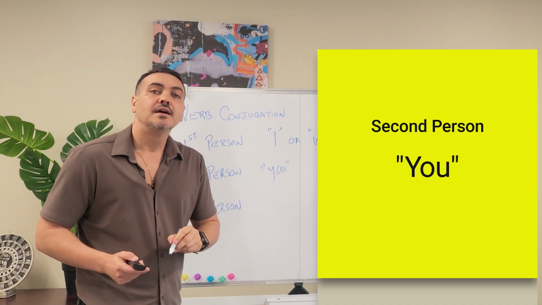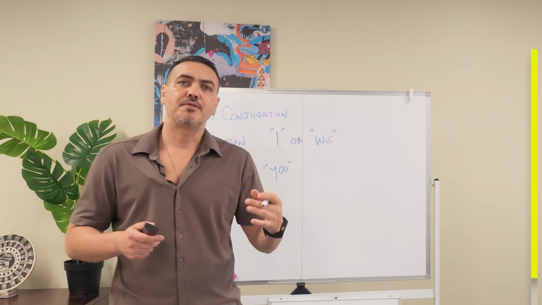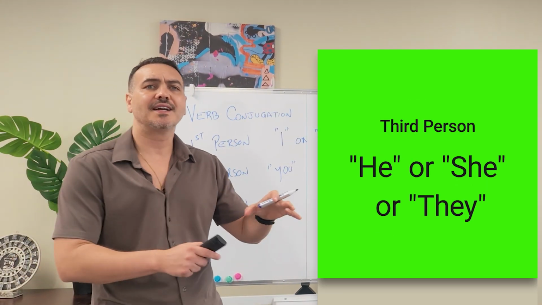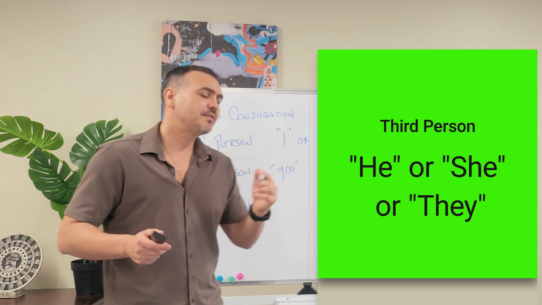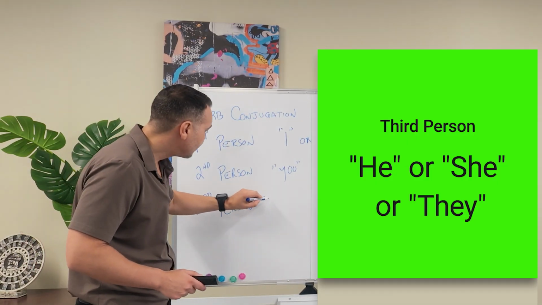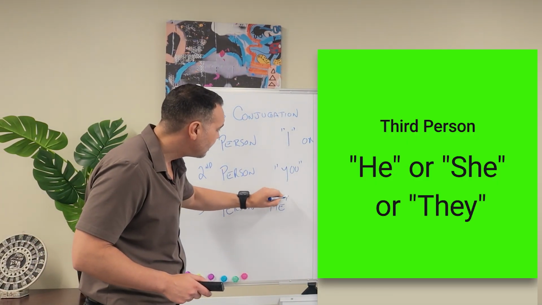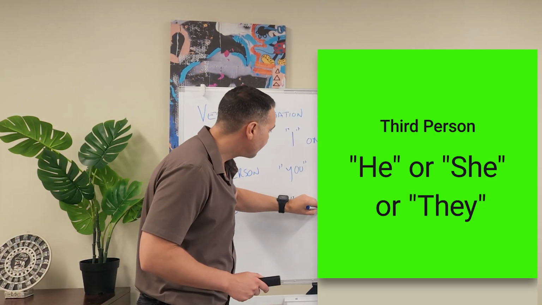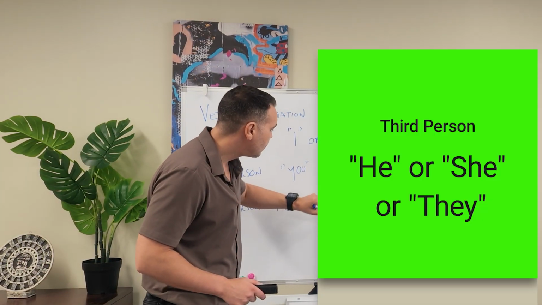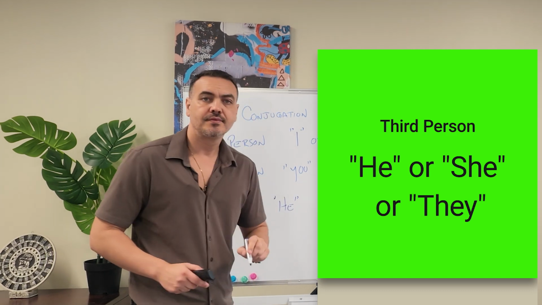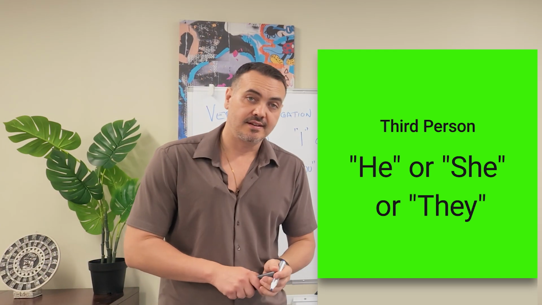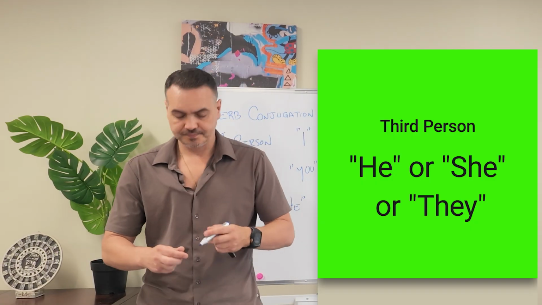Okay? Now, when we get to third person, this means I'm talking about someone or something else. So examples of this are he is learning English, or she is going to the beach, or they are going on vacation.